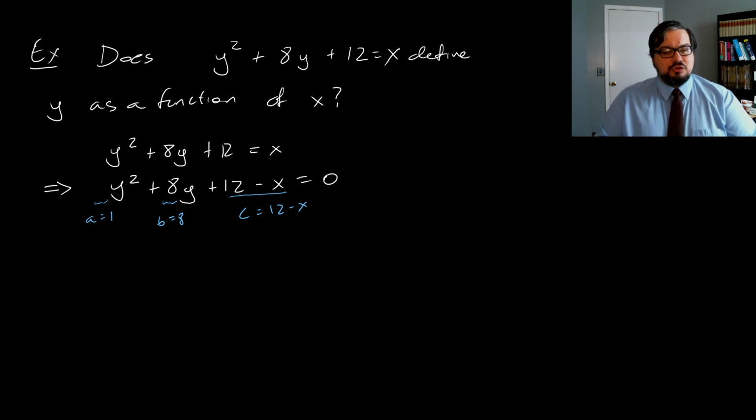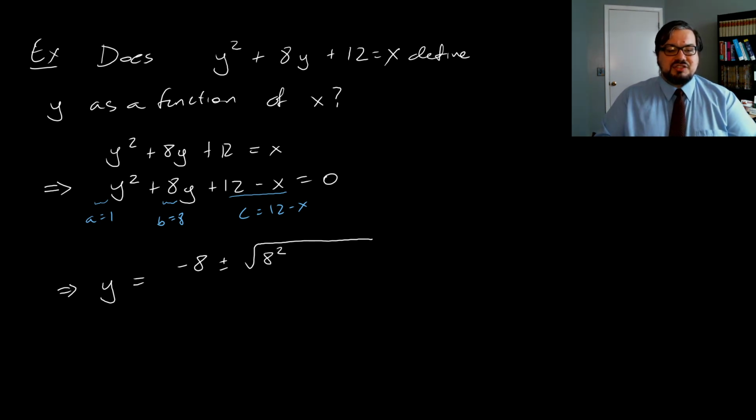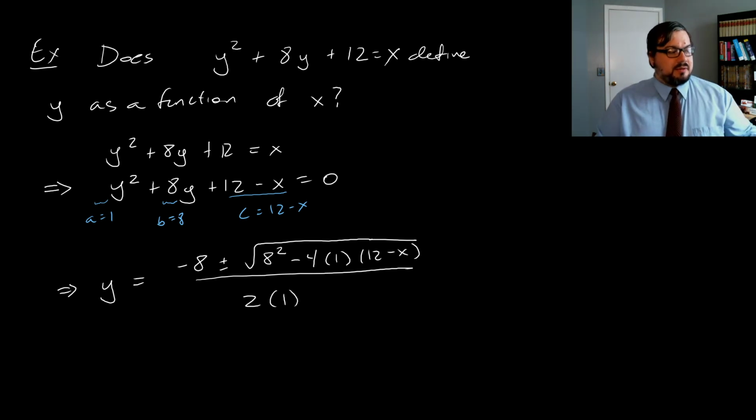We can still do this, and this will mean that y equals negative b, which is negative 8, plus or minus the square root of 8 squared minus 4 times a is 1, c is 12 minus x, all over 2 times a, which is 1.